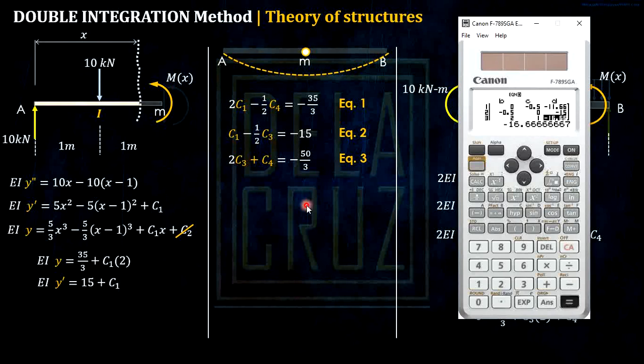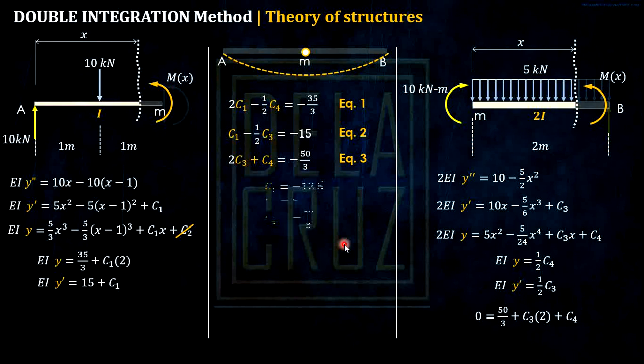And pressing equals, this is our C1, C3, and C4 pala. So summary, ito yung nakukuha natin.